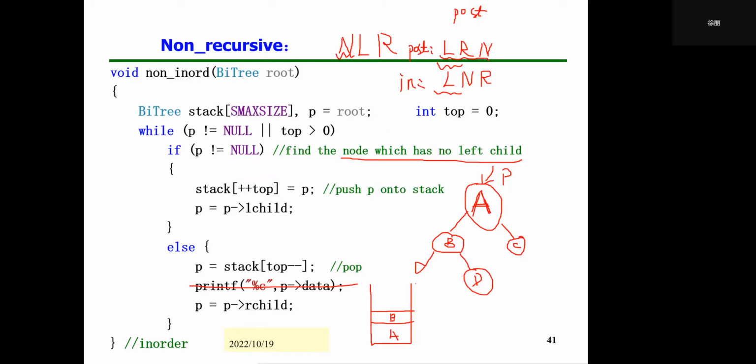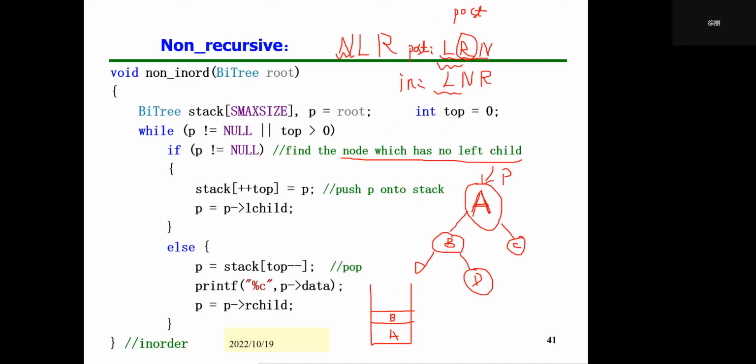But as for post-order, we cannot visit B now because the second step is the right subtree of the root. So we need to push B again. So for the post-order, we need to push every node twice onto the stack.